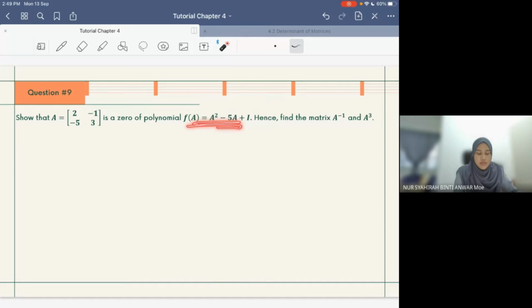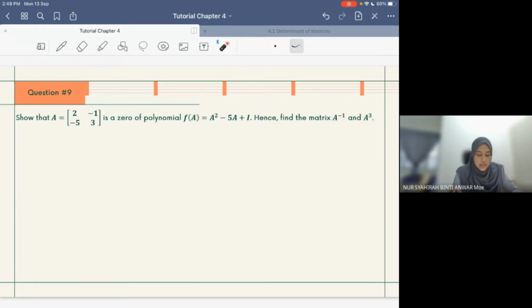So apa maksud zero of the polynomial? Bila kita gantikan A square dan matrix A dalam this equation, dan bila selesaikan soalan ni kita akan dapat 0. So betul tak kita dapat 0? Nanti kita akan tengoklah. And then based on this result, find the matrix A inverse and A cube.